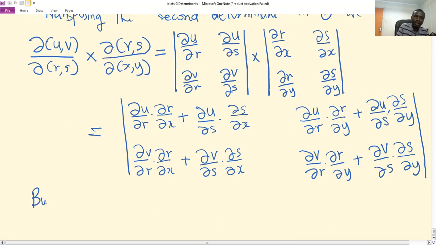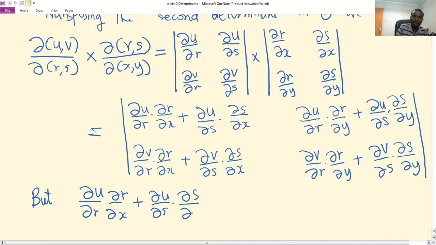But partial u partial r times partial r partial x plus partial u partial s times partial s partial x is, by the chain rule, the definition of partial u partial x. So partial u partial x.